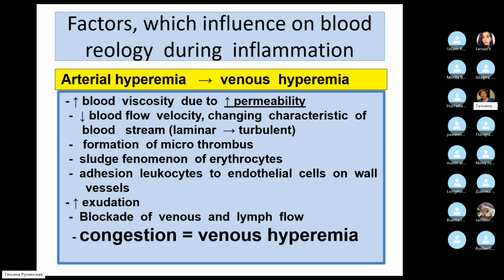Now, what about this time period, before arterial hyperemia turns into venous one? Why does it appear? Due to several processes which appear in the blood in this period. You see, the increased permeability which appears in arterial hyperemia is increased more and more due to the effect of mediators.